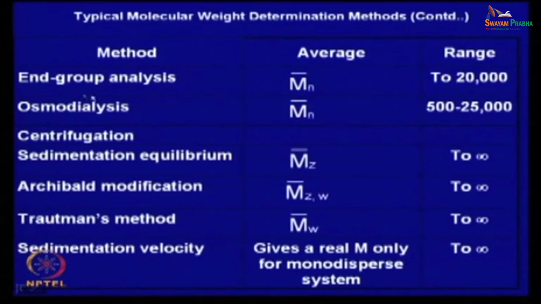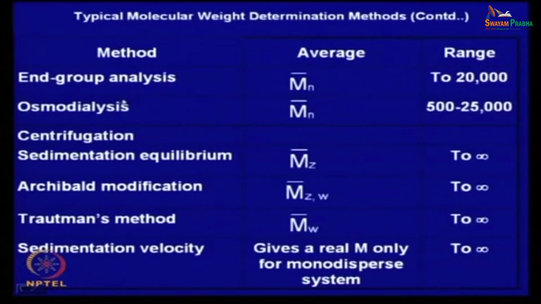Others are also end group analysis. End group analysis means there may be some polymer molecules whose end groups contain certain functional groups. Say in case of condensation chain polymers, there may be functional groups like amine, halogens, carboxyl groups, hydroxyl groups. So, those end groups could be analyzed, and by analyzing the end groups one can calculate the molecular weight.